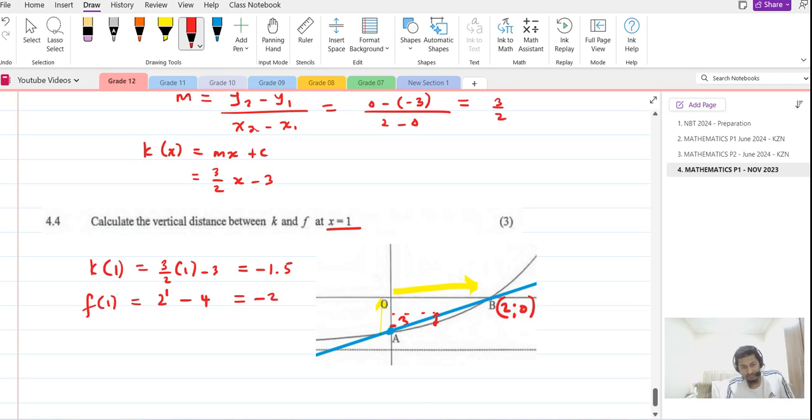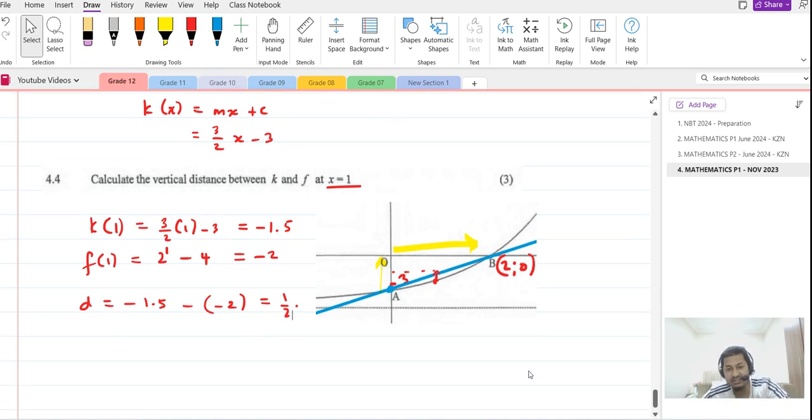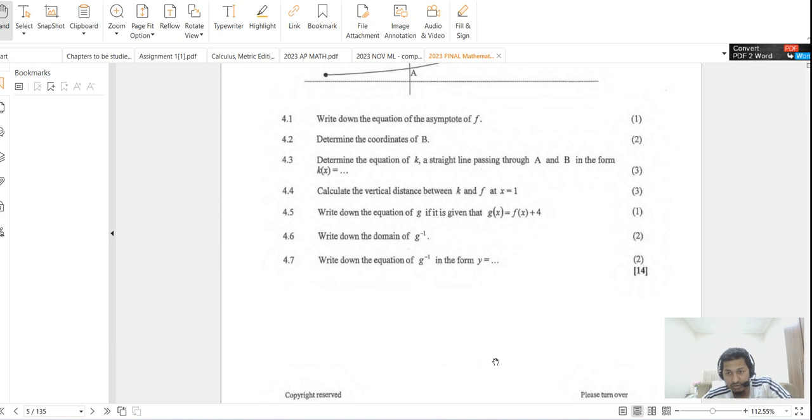So what's the distance? The distance is k minus f: negative 1.5, the top graph, minus the bottom graph, minus 2. So the distance is half, because minus 1.5 plus 2 is half, and we want a vertical distance. So don't put your answer as negative, because you can't get negative distance. You can get negative displacement if you're doing physics.